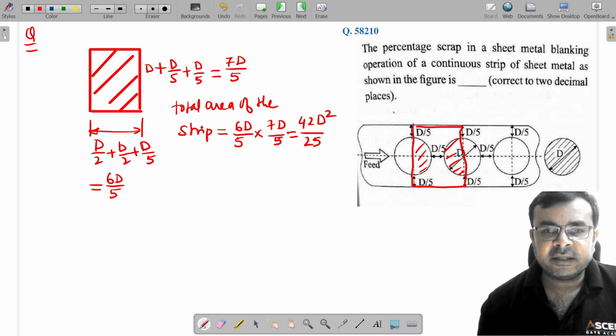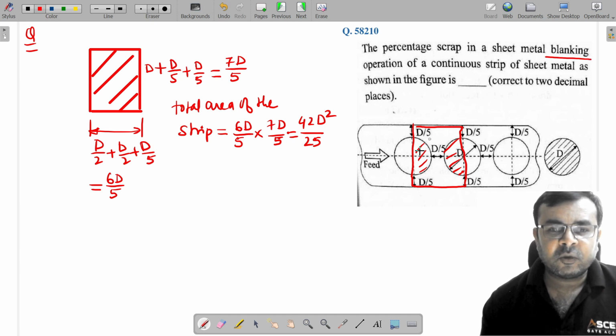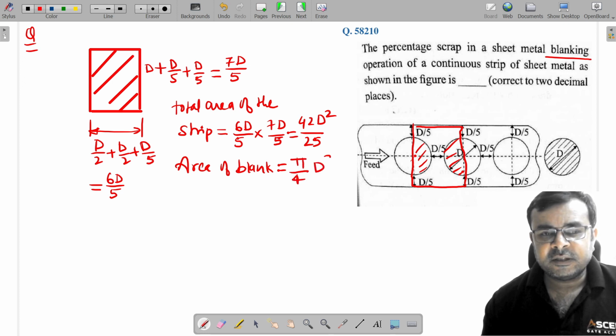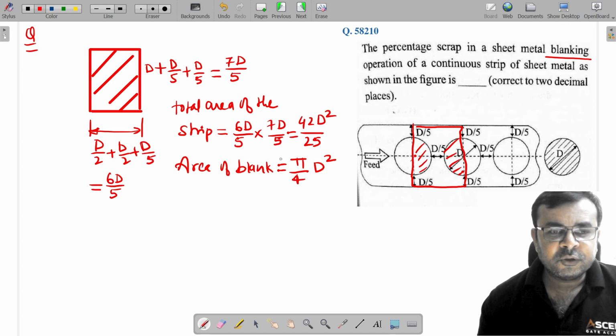Since this is a blanking operation, our objective is to cut the blank. So the area of the blank can be written as pi by 4 d square. Yes or no? This is our useful area.